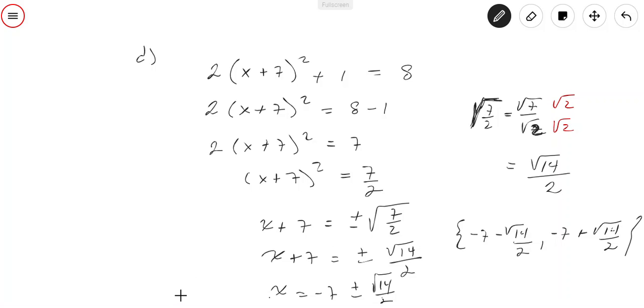So I gave you several examples of solving quadratic equations by factoring and by taking the square root. So let us now explain some examples where we solve quadratic equations by completing the square. So, solving by completing the square, let us first understand what completing the square is.